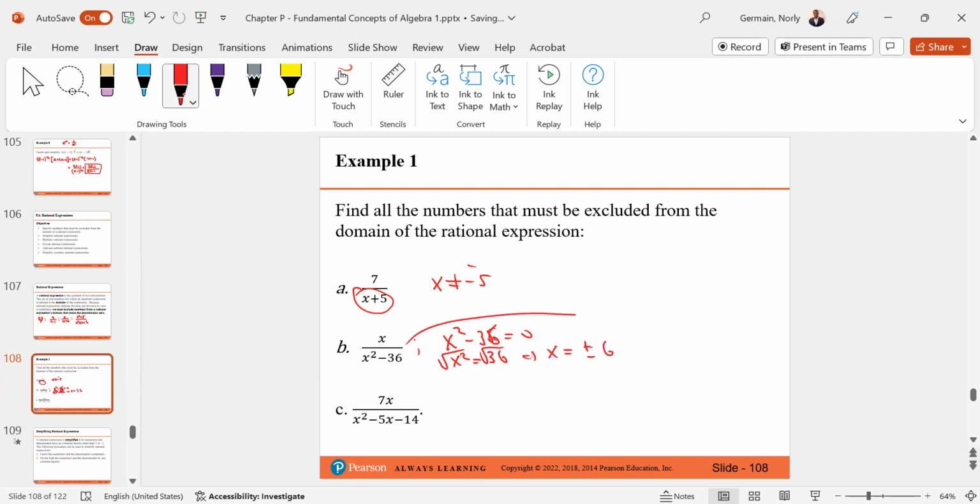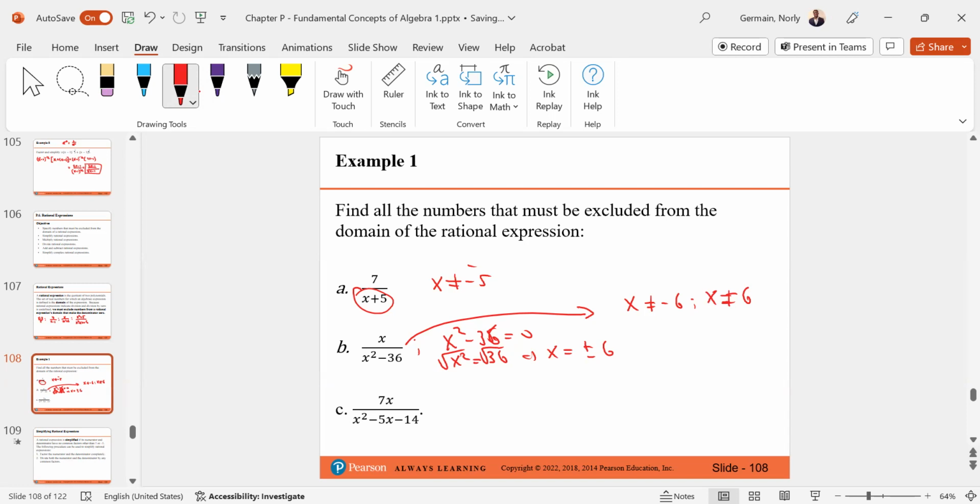So for this expression, x cannot be equal to -6 and 6, right? You cannot have these two numbers. Or if you want to do it separately, you can say x cannot be equal to -6 and x cannot be equal to 6.